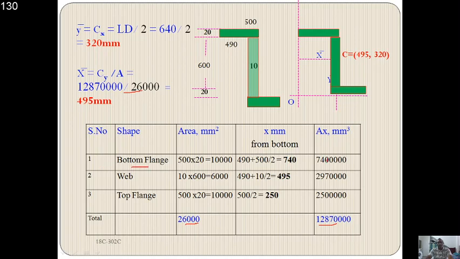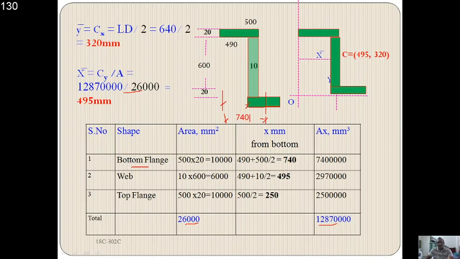For the bottom flange, it would be 490 plus 500 by 2. From this point to this point it is entirely a distance of 500, therefore 500 by 2. So this is the distance, which is 740.